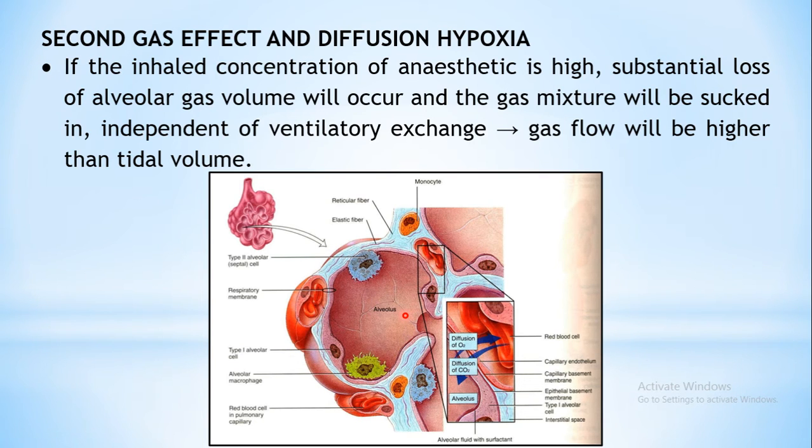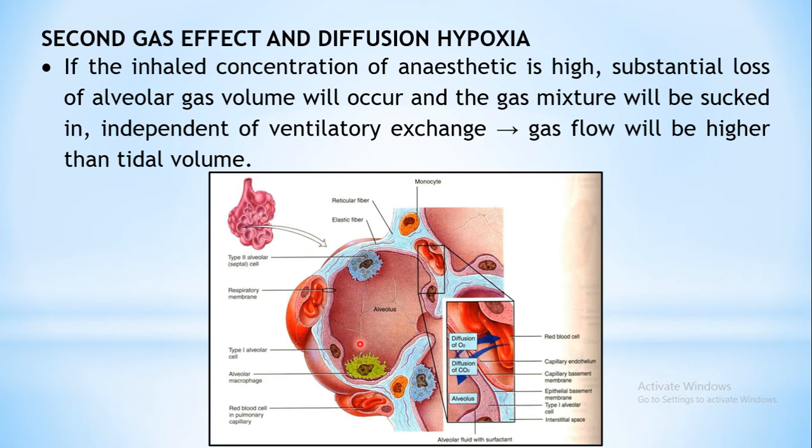Generally it is given in the form of a mixture; we'll see why. Generally two anesthetics and oxygen are given along with it. Whenever a general anesthetic is administered in a very high amount, a very high gradient will exist, so quickly it will start entering your blood circulation.